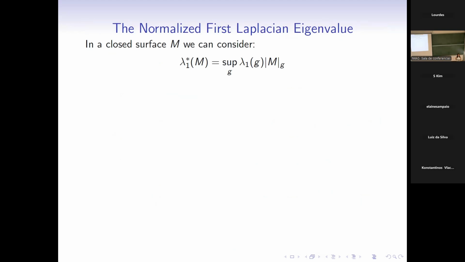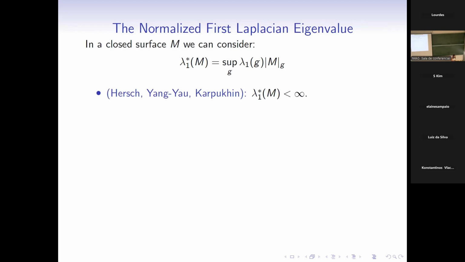So the first question that you ask is whether this quantity is finite. And here, to have a meaningful question, you need to put the area here, otherwise you always get infinite numbers. So to have a meaningful question, you put that so you have a possibility of this being finite, and it's actually always finite.